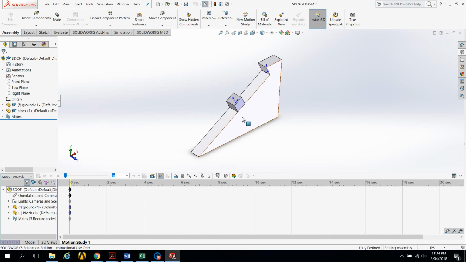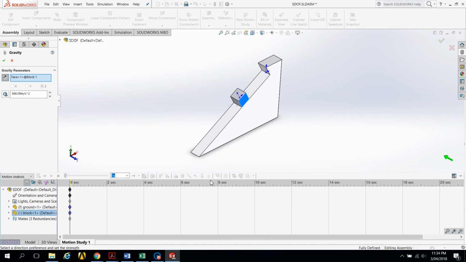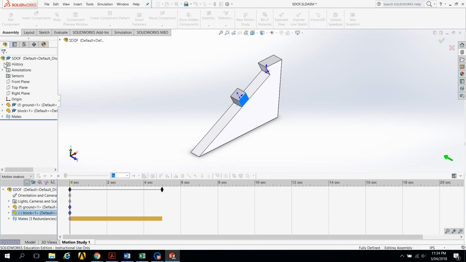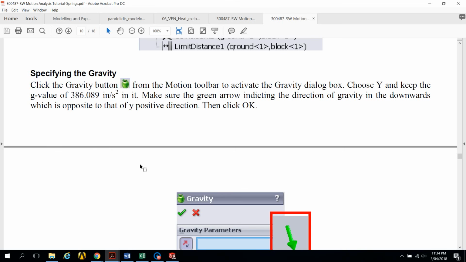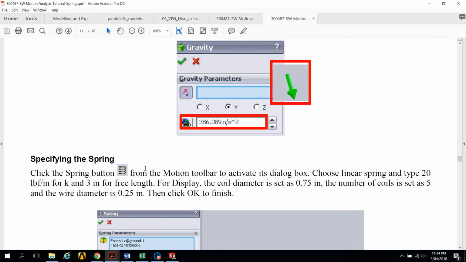Okay, so I'm going to set the gravity. Okay, we should have it this way and click OK. Now, single pole, choose this one, the gravity downward, opposite Y direction, and then click OK.